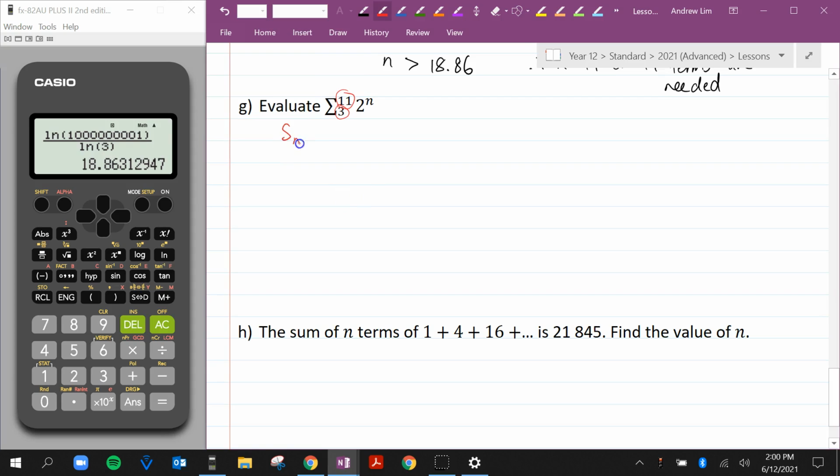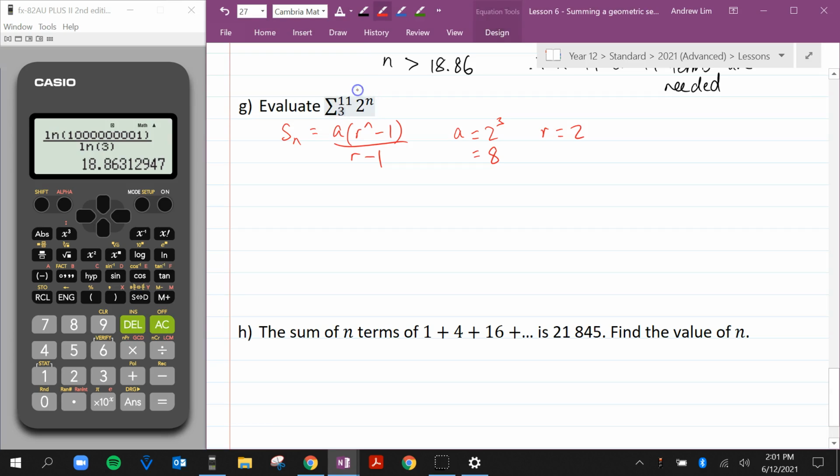So the sum of the first n terms is a bracket r to the n minus 1 over r minus 1. The first term is going to be 2 to the power of 3, which is 8. The common ratio is 2 because it's 2 to the power of whatever. So we can tell that it's going to double each time. So that means the ratio is 2.